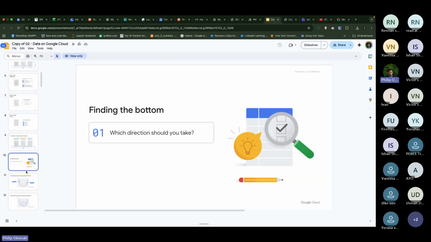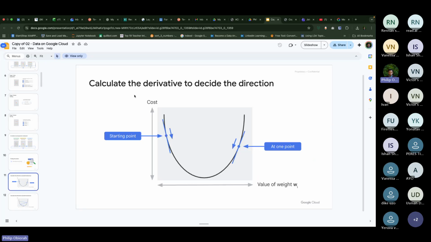So how do we get a good model? What we're doing is searching for the lowest error. At each point in time, we are looking for the lowest error. We are training the system to be able to find the lowest error.